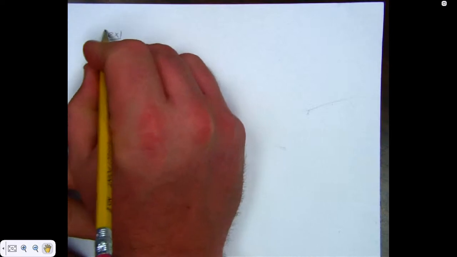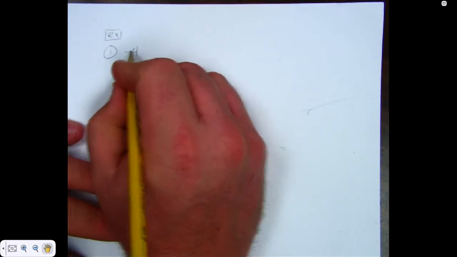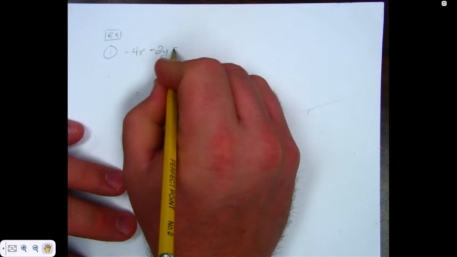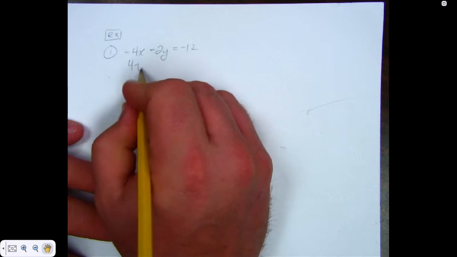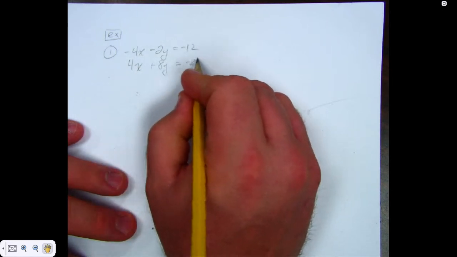Let's start with an example. How about this one? Negative 4x minus 2y is equal to negative 12. 4x plus 8y is equal to negative 24.